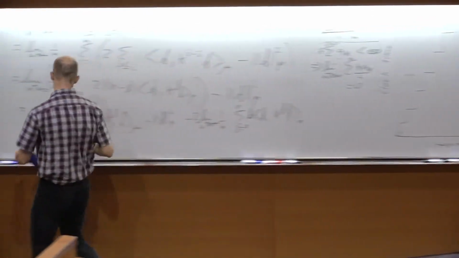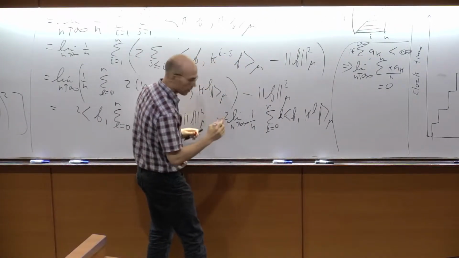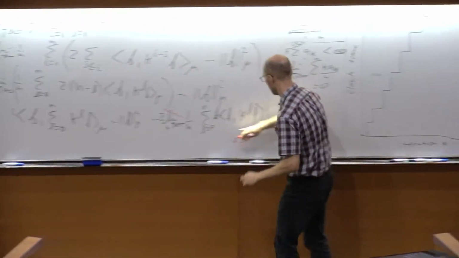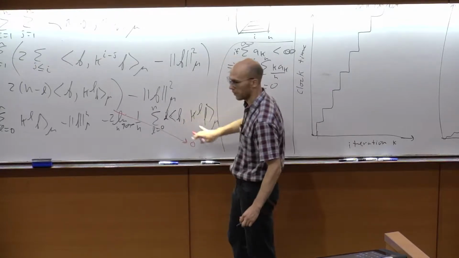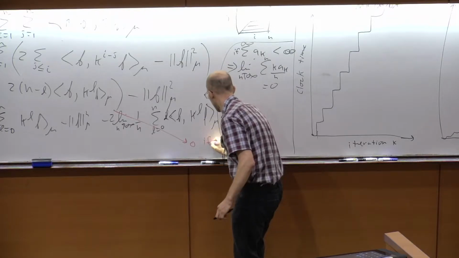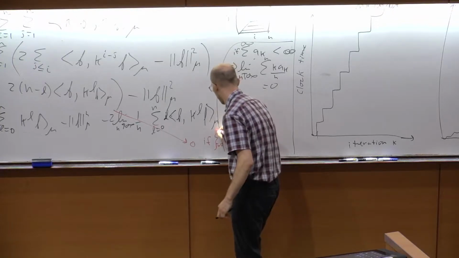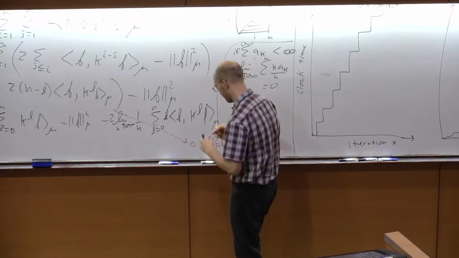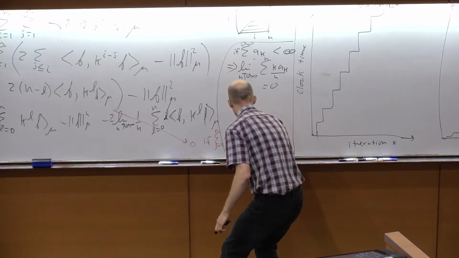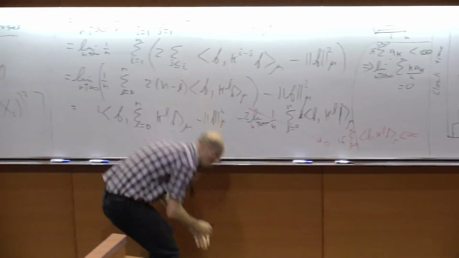So this term here will actually go to 0. So if we assume that this sum over all the autocorrelations is finite, which is equivalent to saying that the asymptotic variance is finite, then we're left with this.